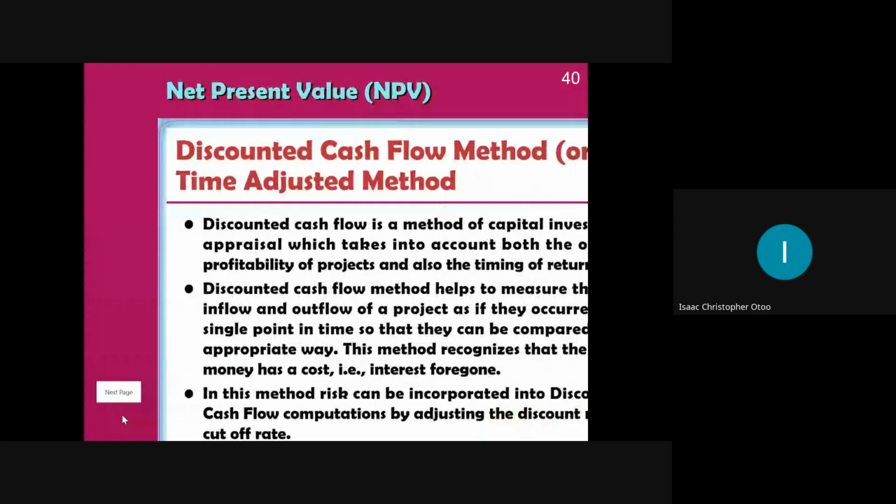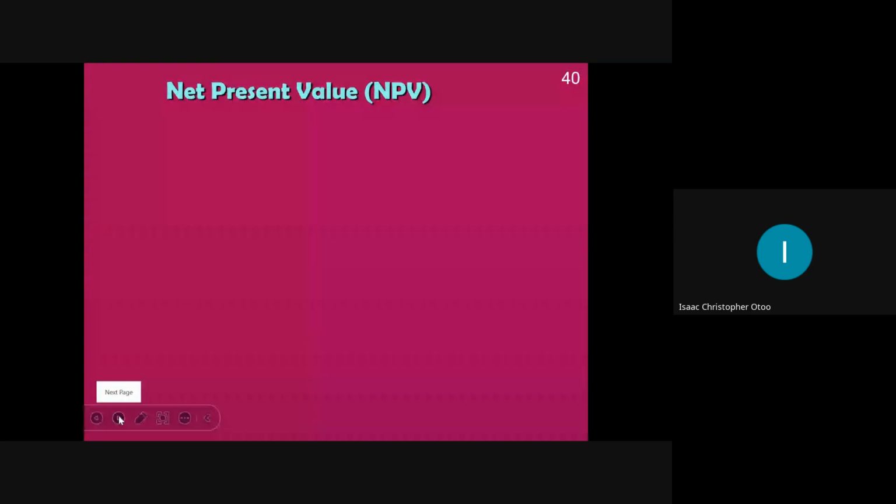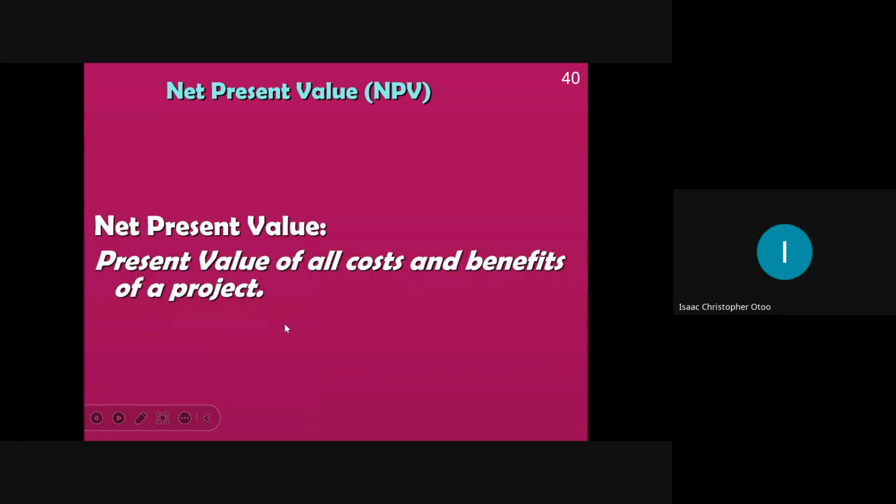Okay, so now we are on the net present value. What is the net present value? Net present value, you have to find the present value of all costs and benefits of the project.